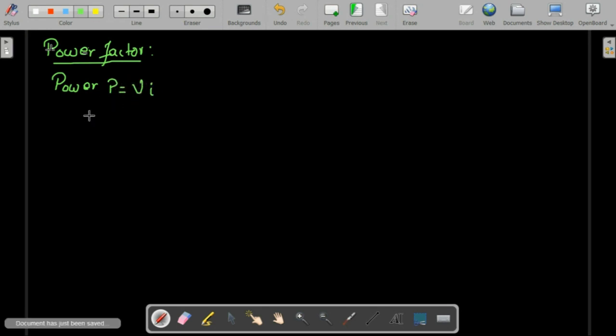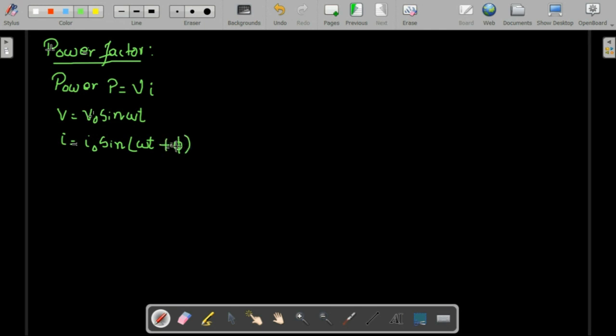Now, whenever we write down V into I, we know what is my V. V is equal to V naught sine omega t, right? And I is equal to I naught sine of... Let's say I don't know whether it's a resistive circuit or capacitive or inductive circuit. So definitely there will be some phase difference.